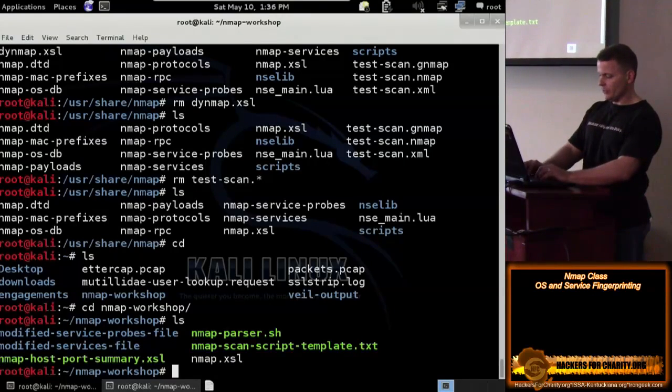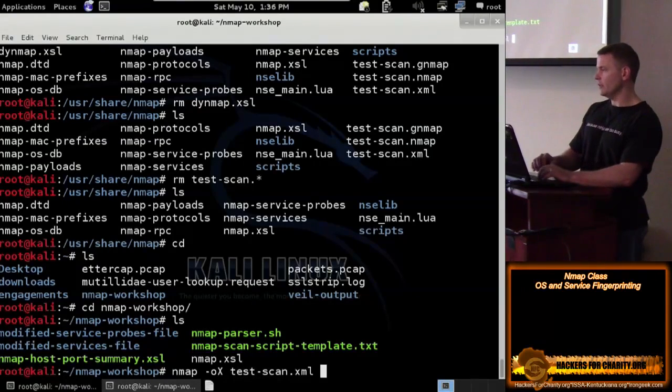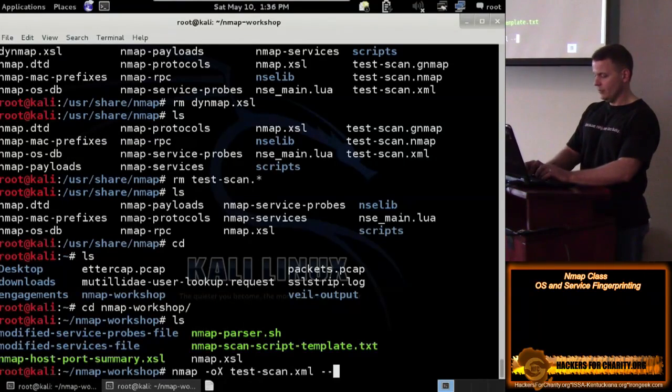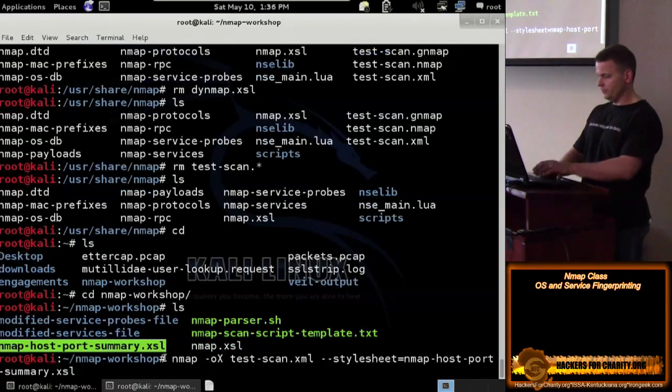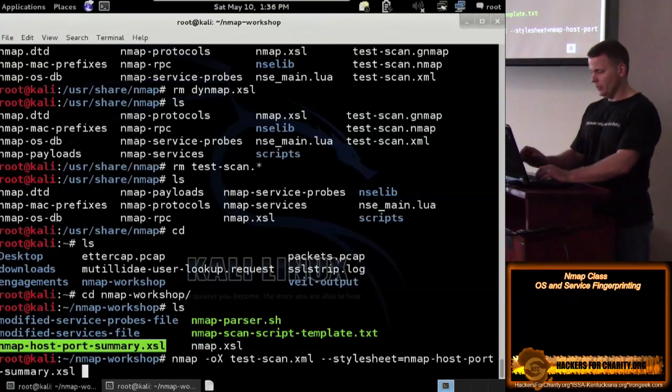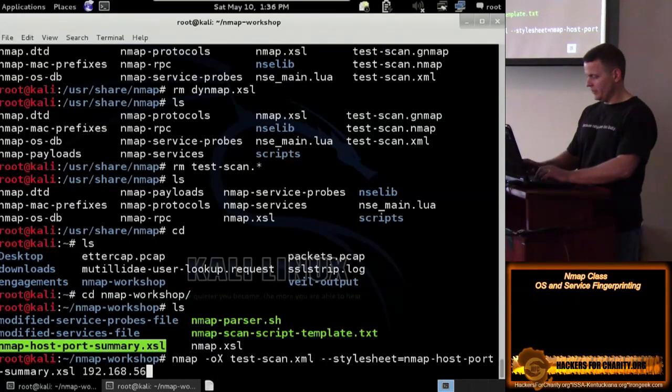So let's get some output going. We'll do -oX for XML, and we'll do testscan.xml. I need to add the extension because I'm not using -oA, I'm using -oX. Copy and paste the target over, and it was 192.168.56.101.